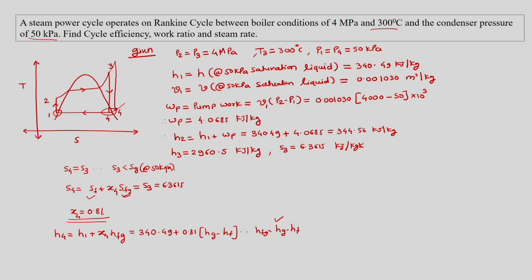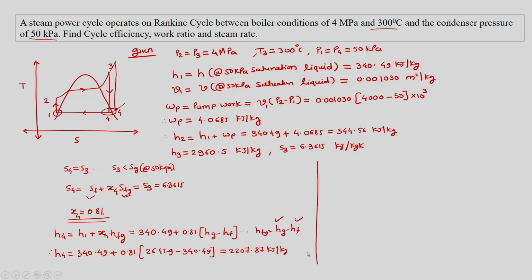This is the saturation enthalpy of vapor, and this is the saturation enthalpy of liquid. So H4 is equal to 340.49 plus 0.81 into (2645.9 minus 340.49), and this gives us H4 as 2207.87 kilojoule per kg.